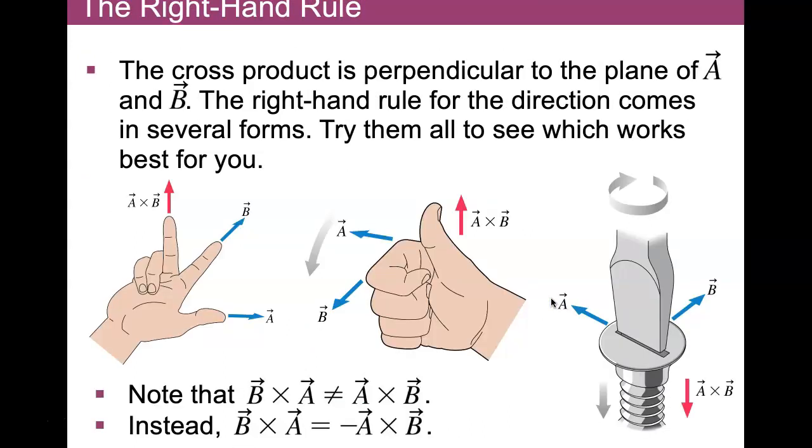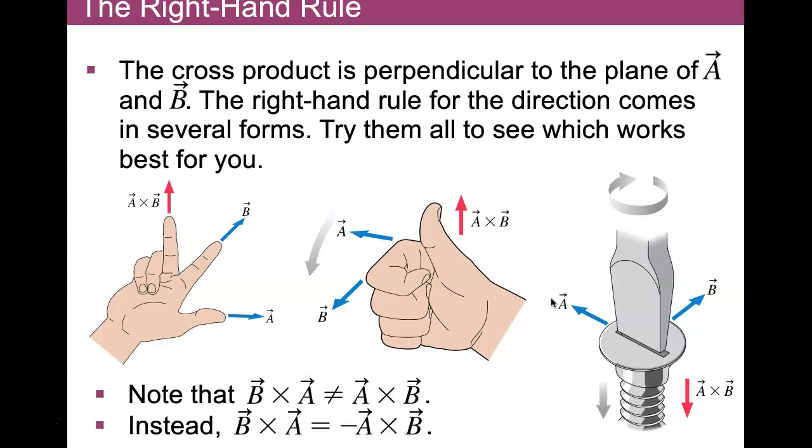So you're familiar with the cross product from 162. I don't want to spend too much time on just the mathematical mechanics of how to do this. So we had this right-hand rule again.